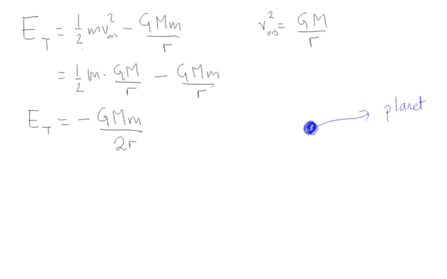So if we had a positive total energy, and I fired off this object from the surface of my planet, then it would end up leaving the pull of the object and never return. It would follow a path which is called a hyperbola.